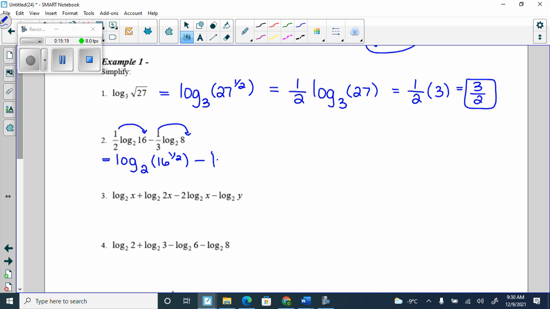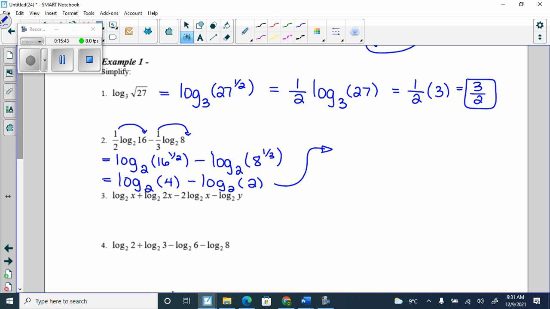And then this is log base 2 of 8 to the third. These are actually numbers. This is the square root of 16. What's that? Square root of 16 is 4. Minus log base 2. Do you see I didn't take the minus sign with it? And this is the cube root of 8, which is 2.